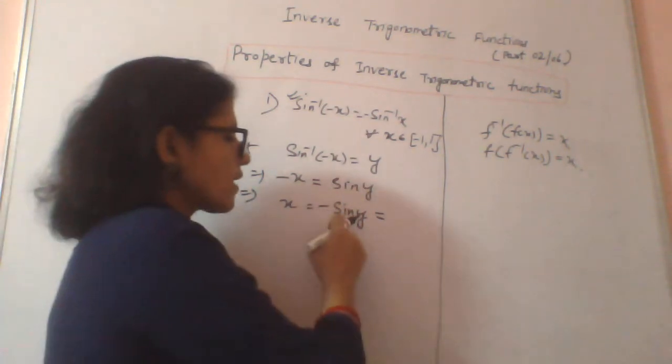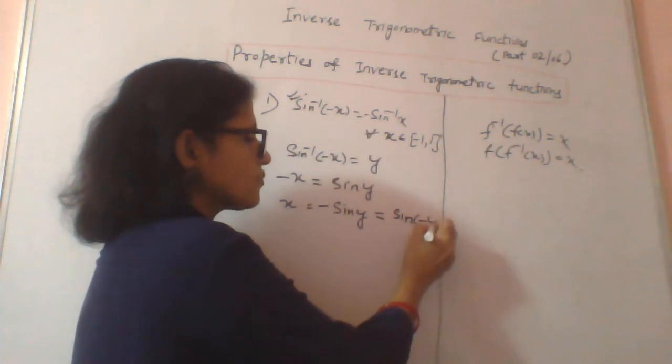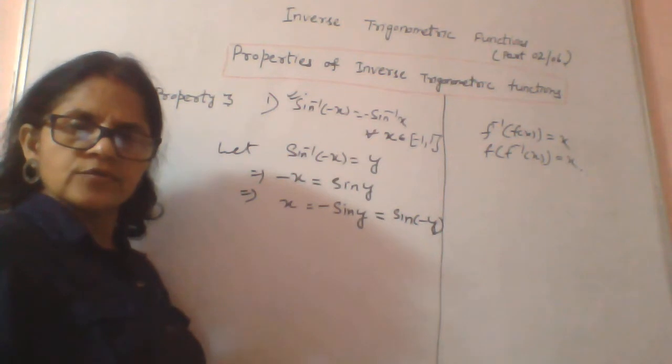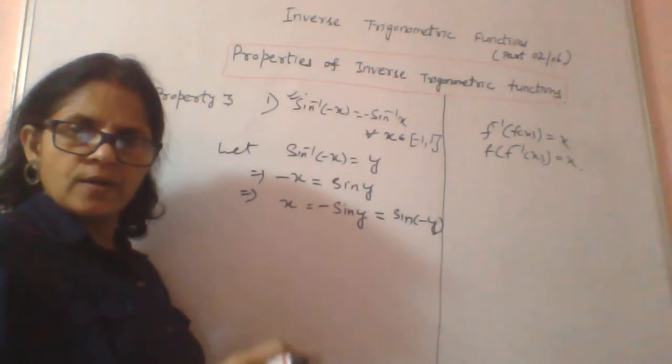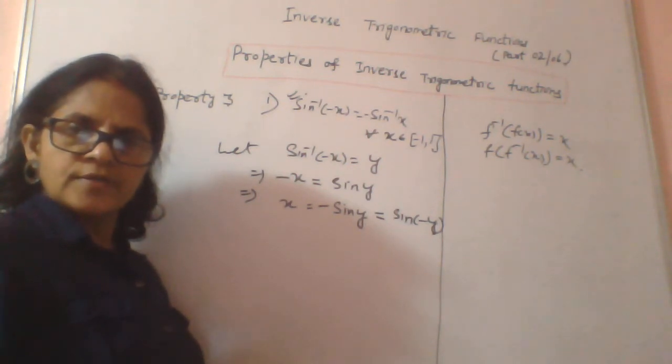So minus sin y you can write as sin of minus y, because you cannot go to the third or fourth quadrant, where the sin function is negative. If you recall the ASTC rule, all sin tan cos, sin is negative in the third and fourth quadrants.